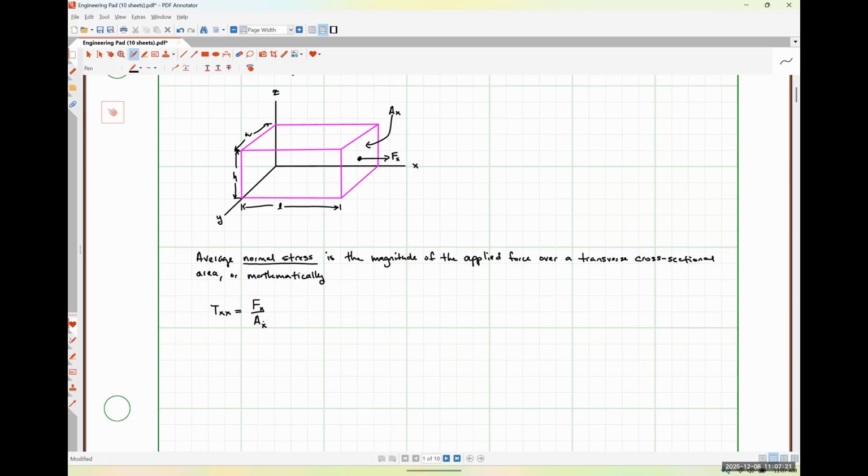So I'm just going to make a note here. Capital T will be the symbol for stress in this class. Okay.